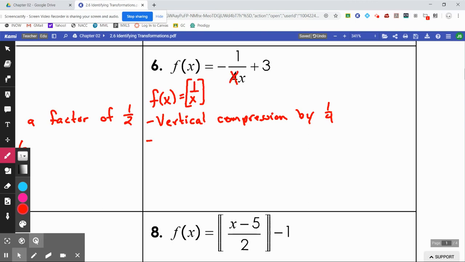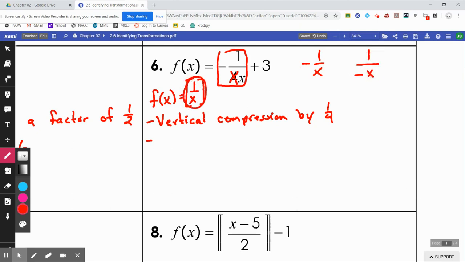The negative is the same confusion, because if you look at this negative 1 over x, well, is that negative times the original function? Or could we put the negative on the bottom? And again, either way would work. So you could either say that this is a vertical flip or a horizontal flip.